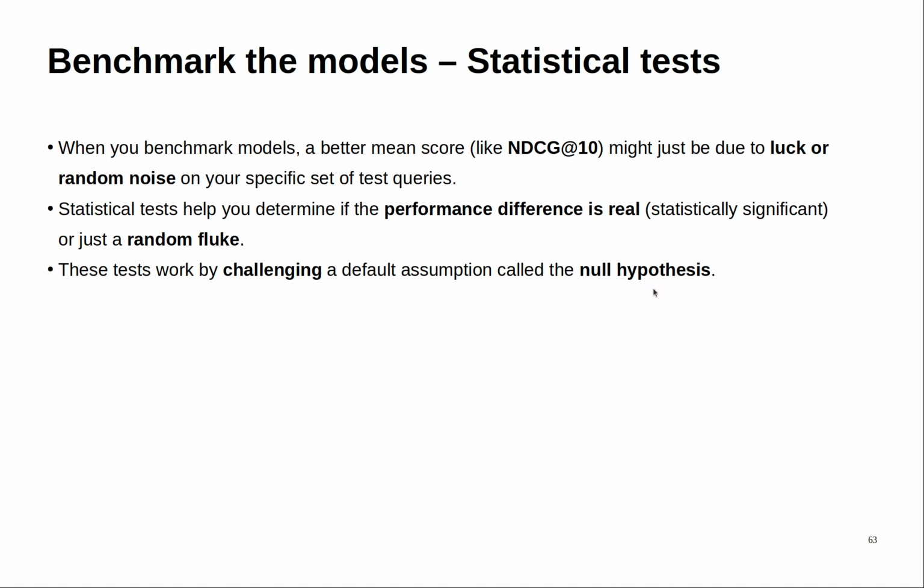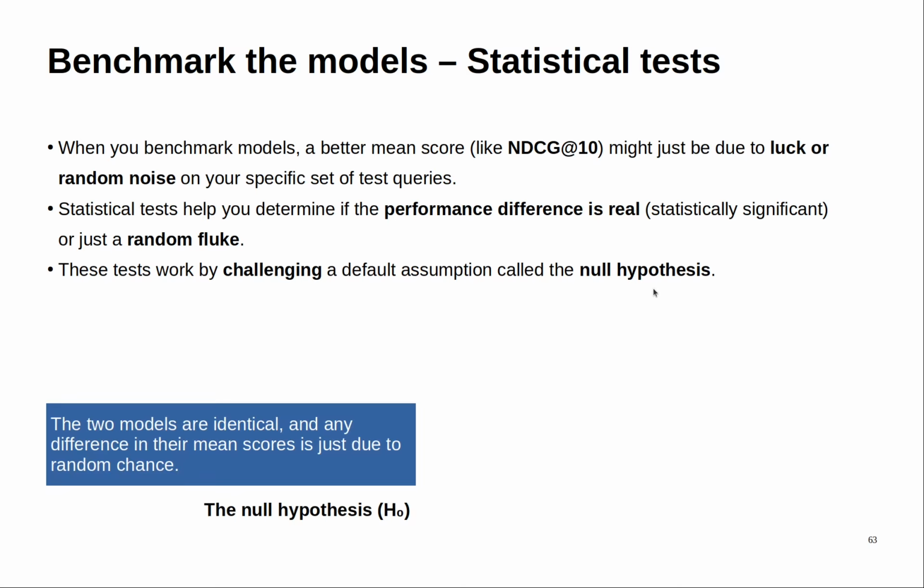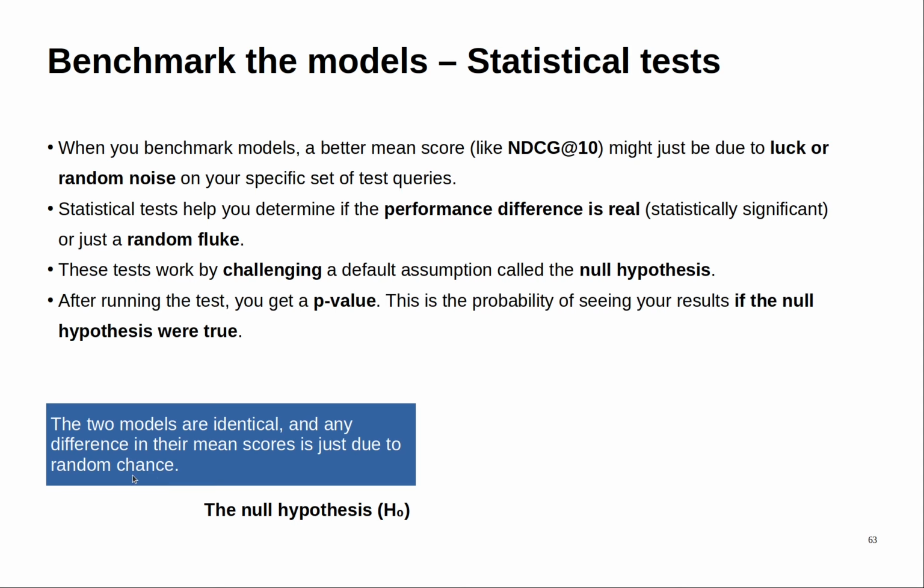We are going to dive a bit deeper into statistics, but the null hypothesis is something like this. Let's read it. So the null hypothesis in this case is the following. The two models are identical, and any difference in their mean scores is just due to random chance. Okay, so this is the null hypothesis.